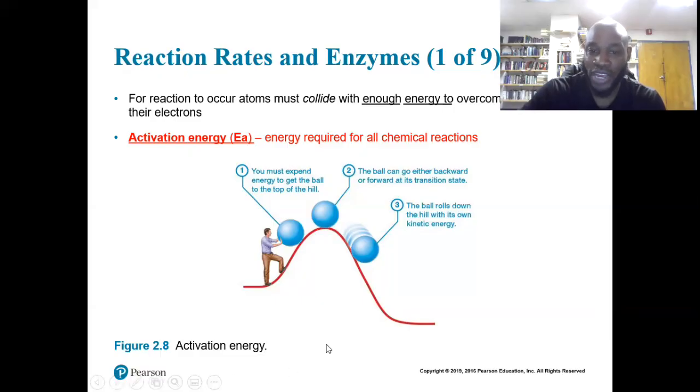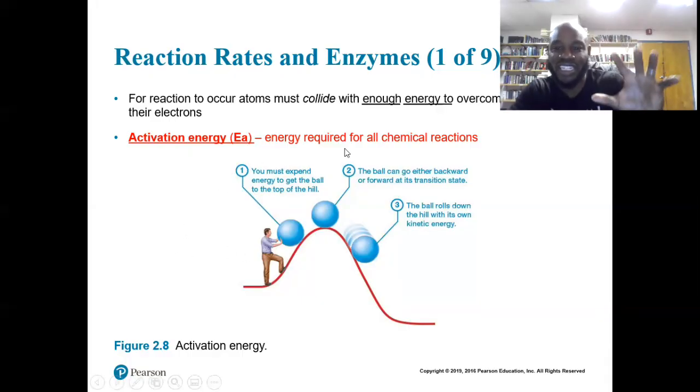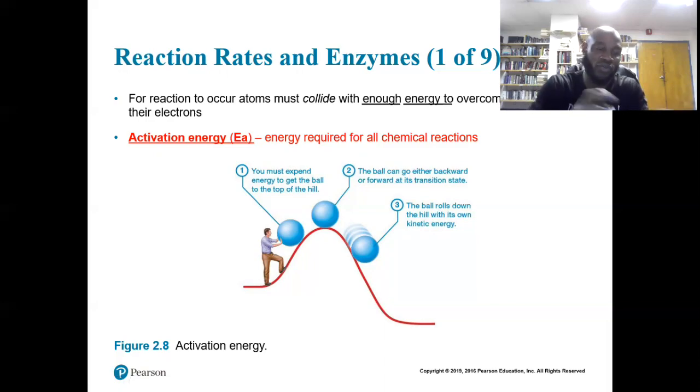And then once we have that energy, the ball can start to roll down the hill by itself, and all that stored potential energy can convert into kinetic energy. In the sense of chemical, we have the reaction. So the activation energy is the energy just to get the reactants to react.